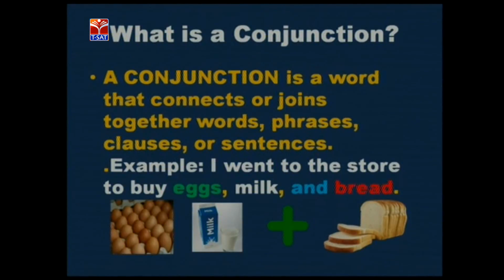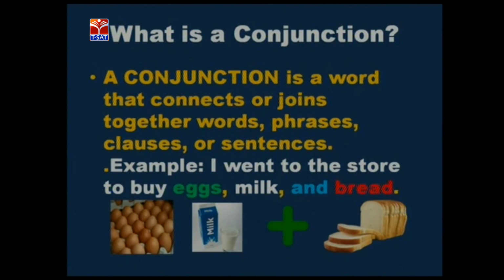A conjunction is a word that connects or joins together words, phrases, clauses or sentences. Example, I went to the store to buy eggs, milk and bread. Here, and is one example of a conjunction.